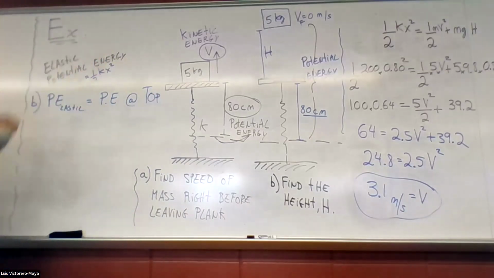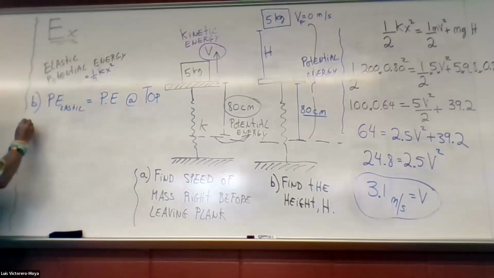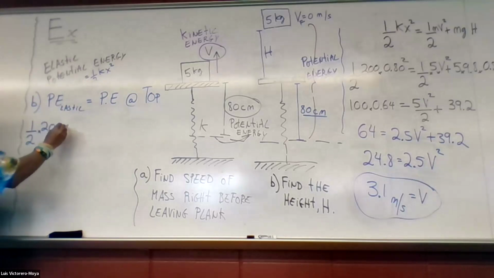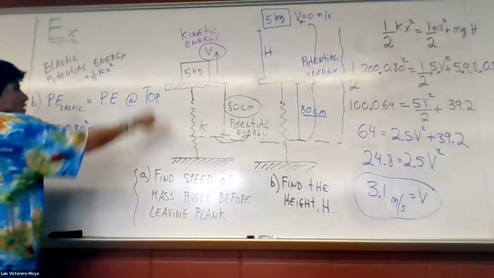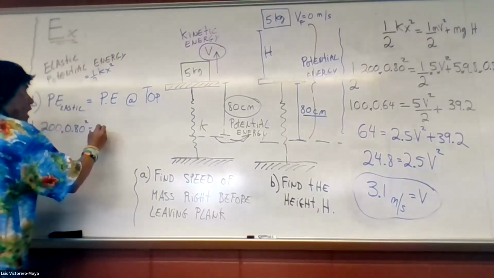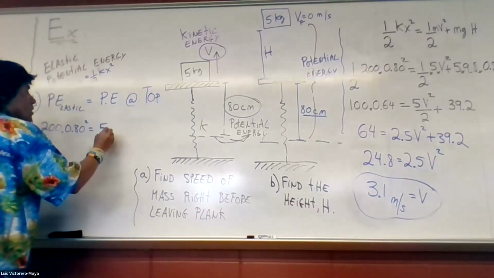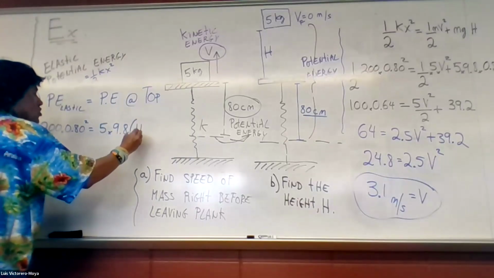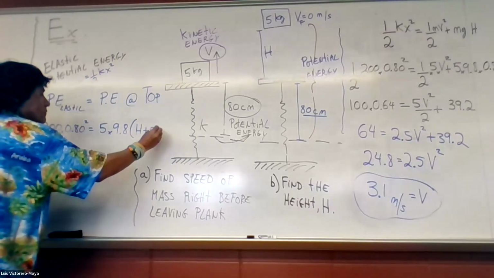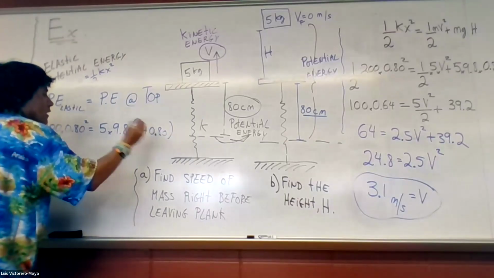So this is 1/2 of 200 times 0.80 squared. Potential energy at the top is mg and what's h plus 0.80. How about that?